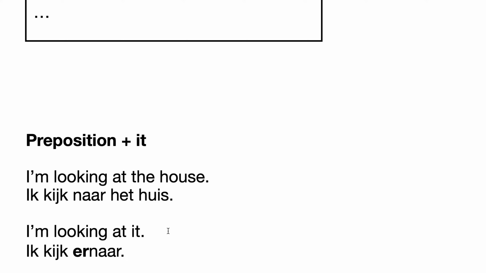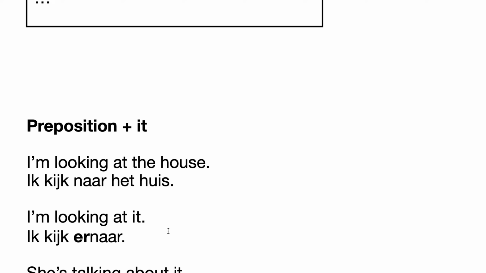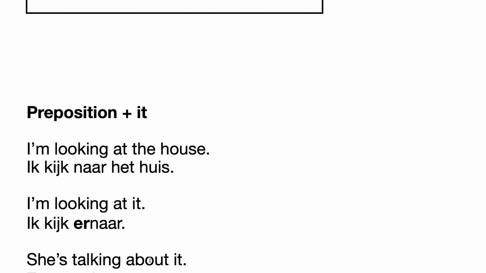Cool. Another example. She's talking about it. You can see here, about is a preposition, the it is there, so you're going to use the er and you're going to paste it to the preposition. Obviously here we have no idea what she's talking about. For example, the context will need to show what she's talking about.